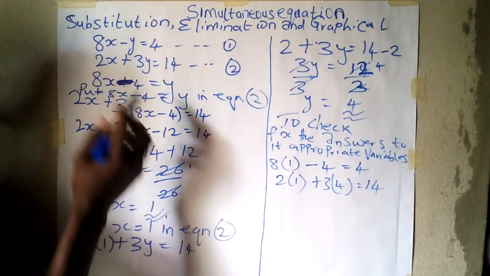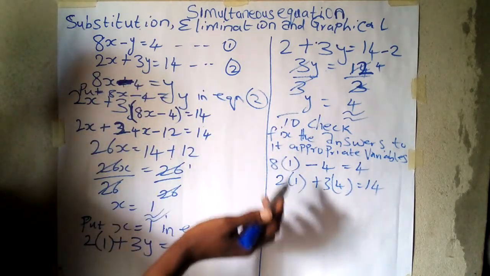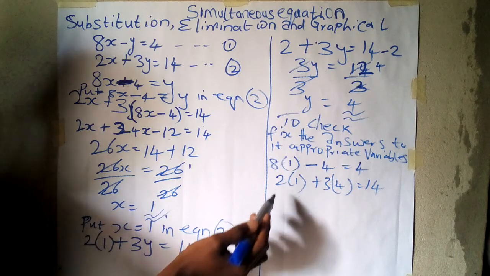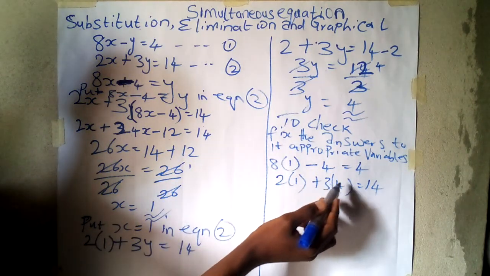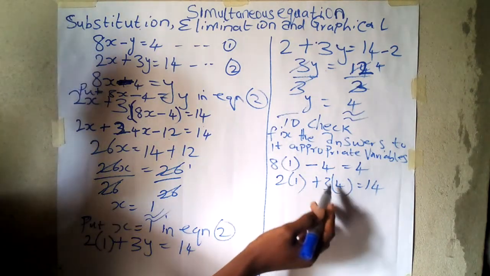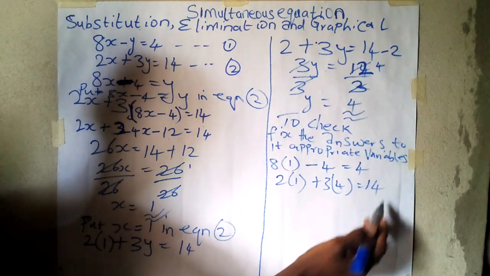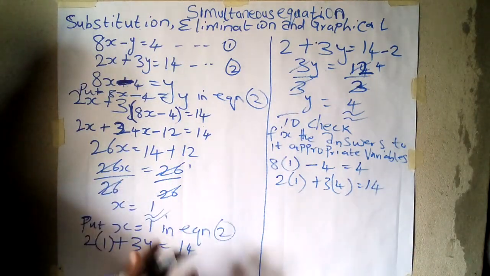And the second equation, 2x plus 3y is equal to 14. Remember x was 1 and y was 4. We say 2 times 1, 2, plus 3 times 4, 12, is equal to 14. So if you add 12 plus 2 is equal to 14, which means our answers are correct.